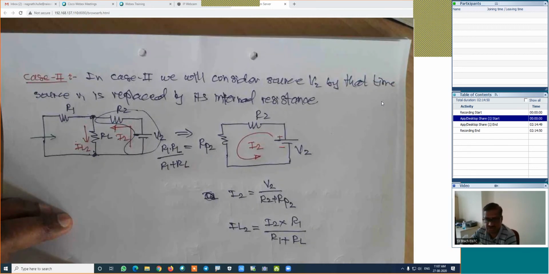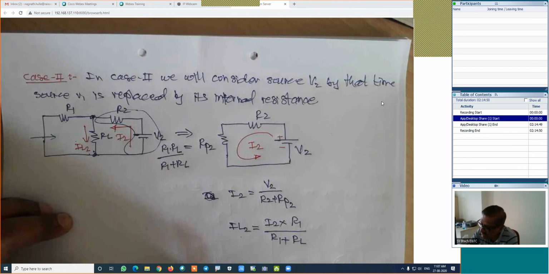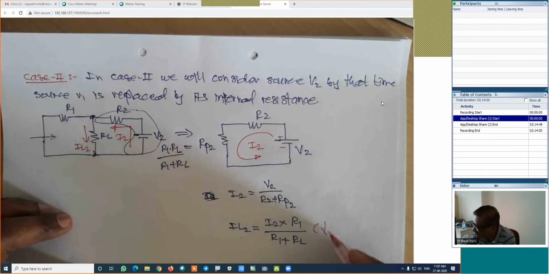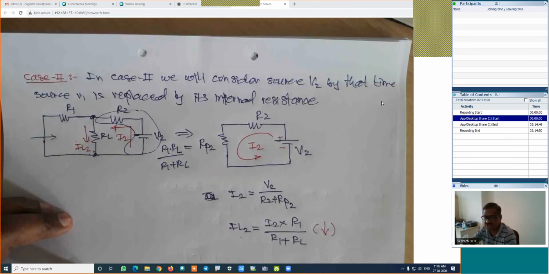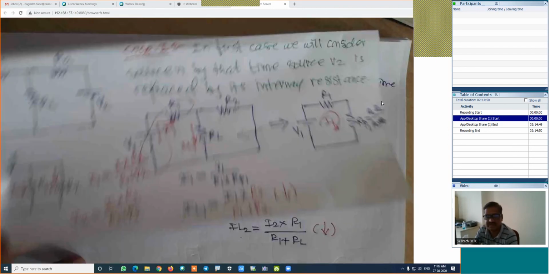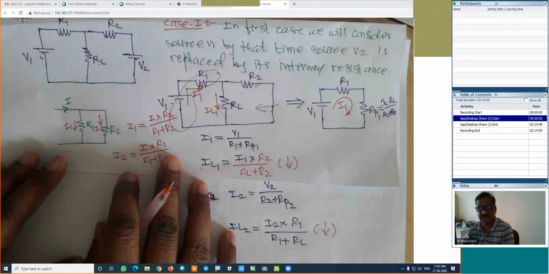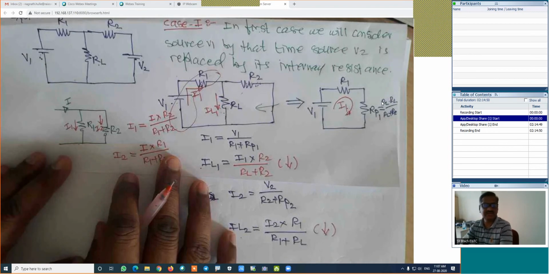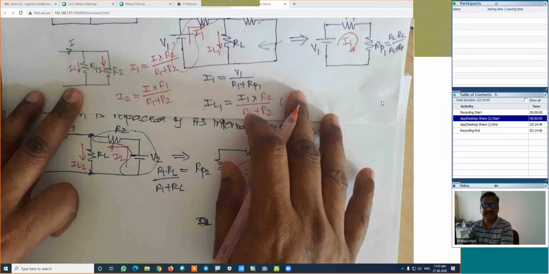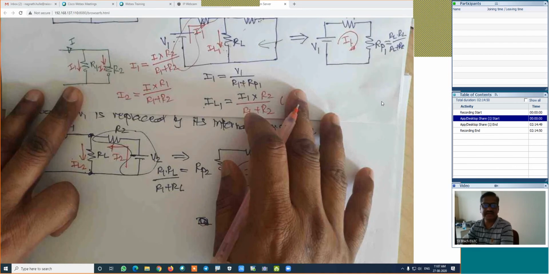Now look at the direction. How is the direction of this IL2? It is downward. And how was its direction in case 1? In the first case, its direction was also downward. In both cases, the direction of the current is downward.